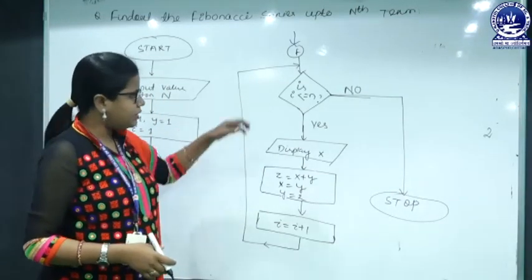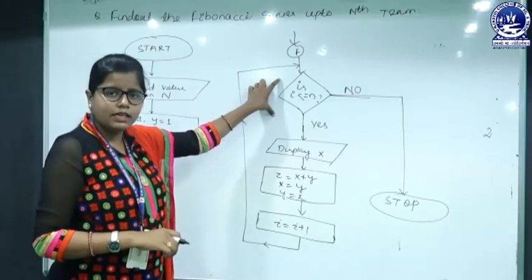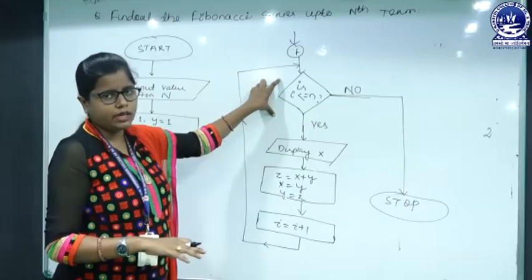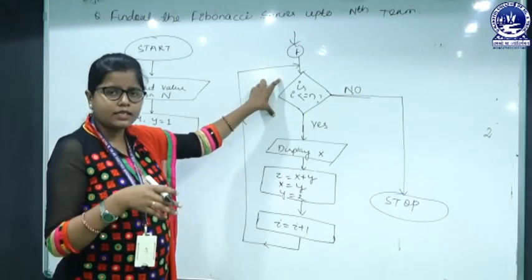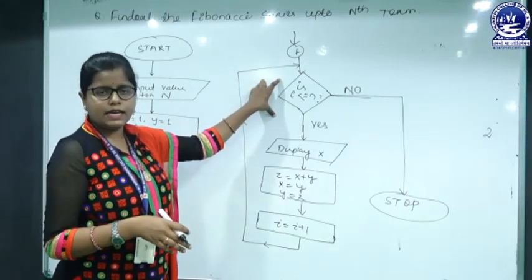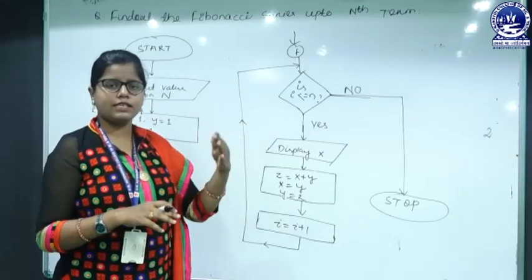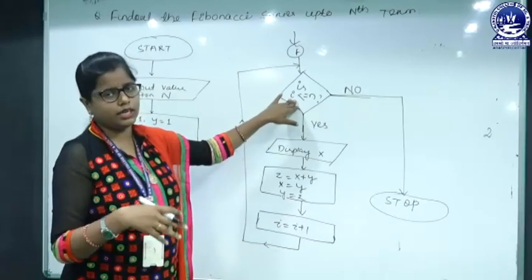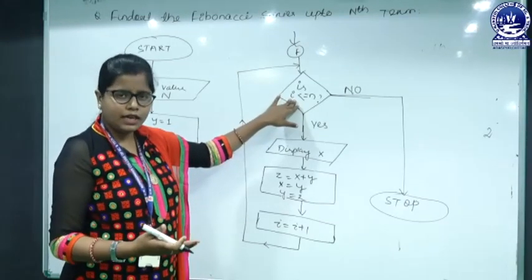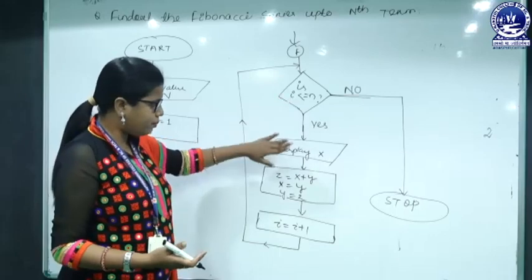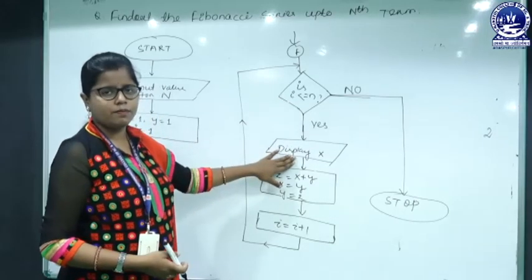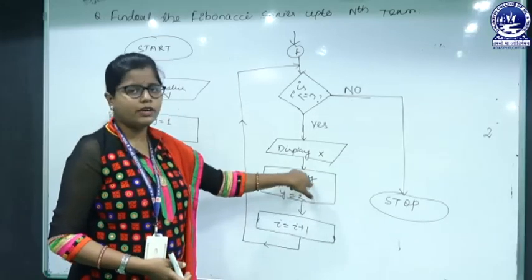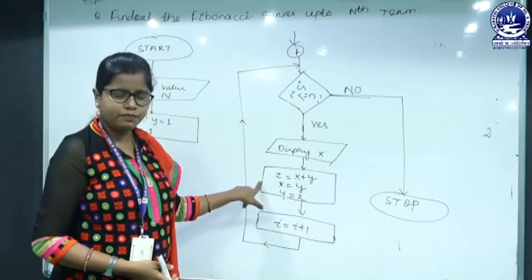So again I am repeating, here we need to check whether we are printing the Fibonacci series within our range or not. The user has put the nth term, that means the user wants the Fibonacci series up to the nth term. So here we are checking whether we are in our range or not. If we are in our range, then we need to print the Fibonacci series, the first term, then the first term and the second term will get added to find out the third term.